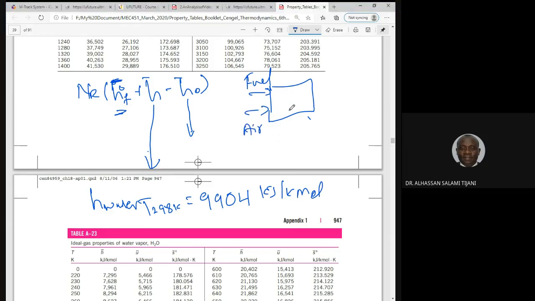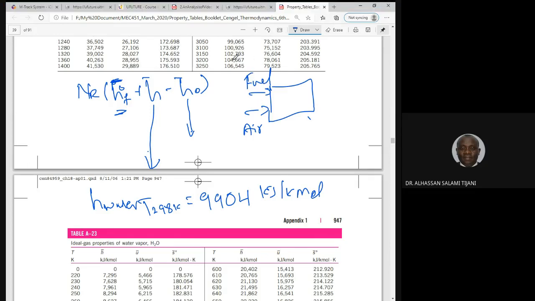The fuel is mixed, it is not a dry fuel, so there is some moisture in the fuel, which comes out as water vapor.